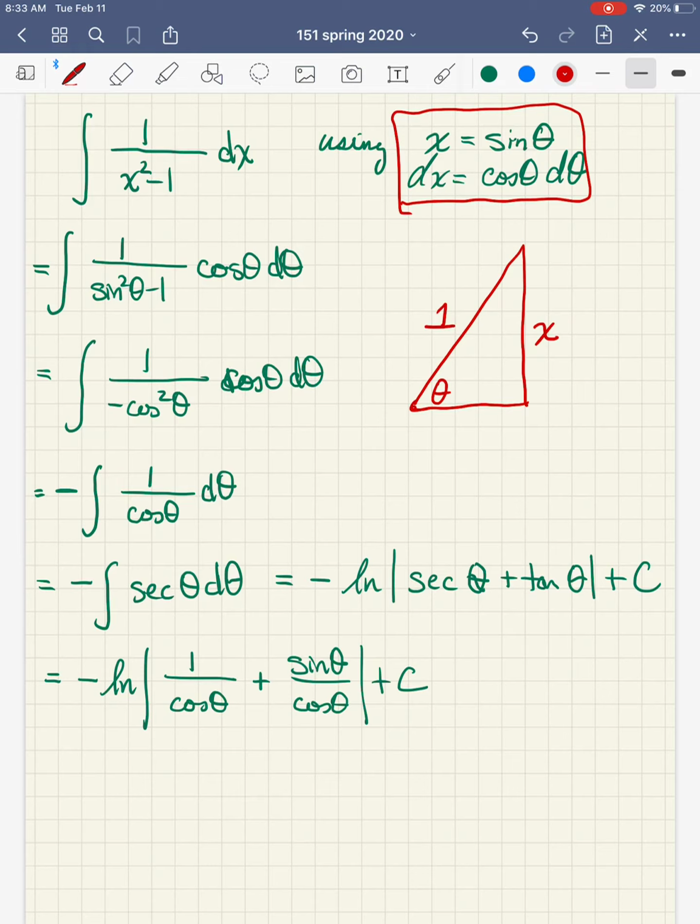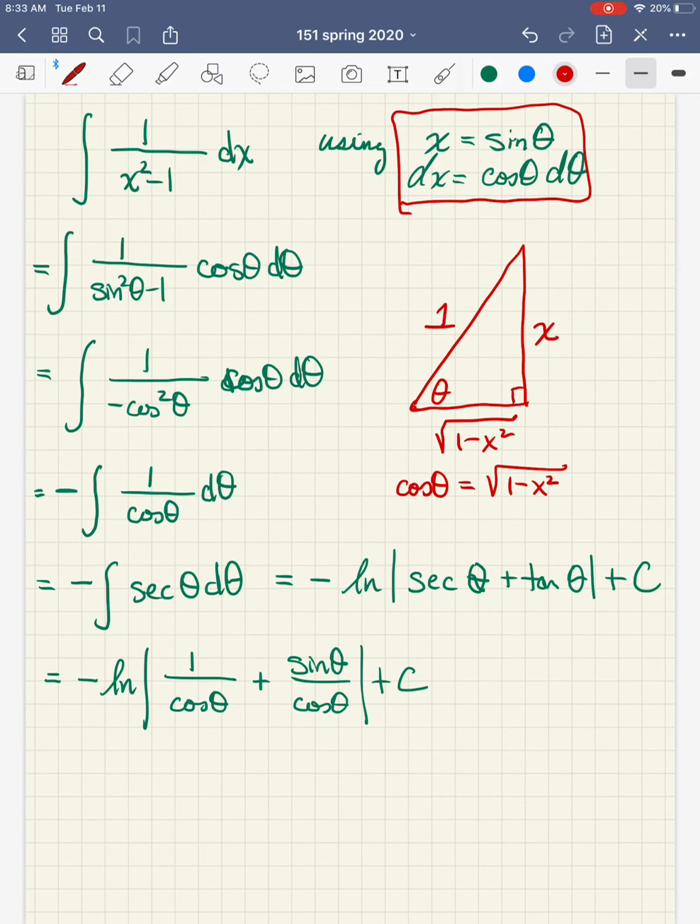The equation x equals sine of theta means I should think of this picture. Then the Pythagorean theorem tells me that the remaining side is going to be the square root of 1 minus x squared. So the cosine of theta is going to be the square root of 1 minus x squared, and I can use that in my calculations.